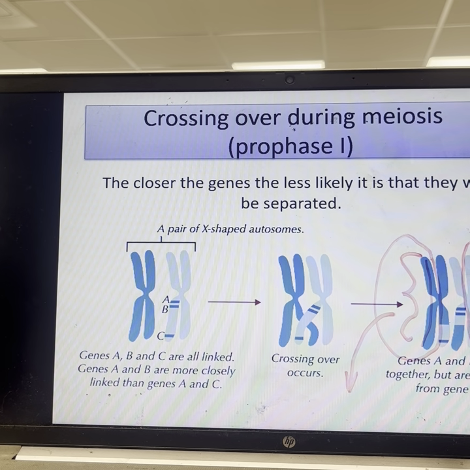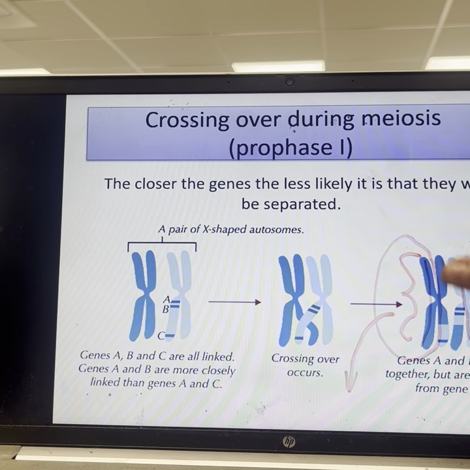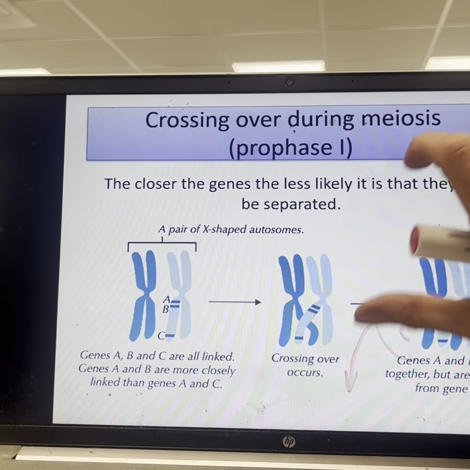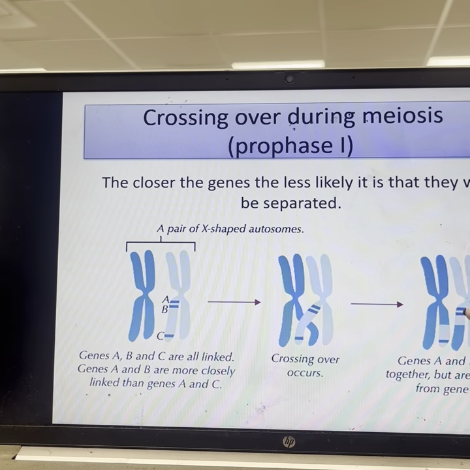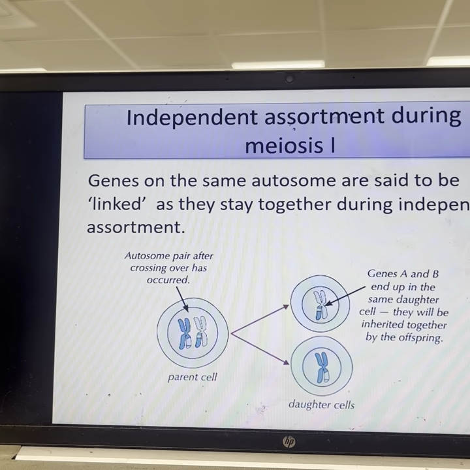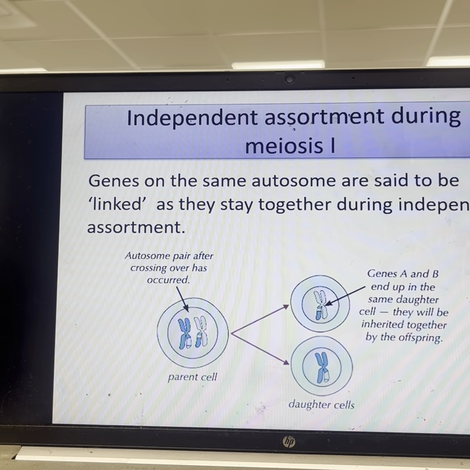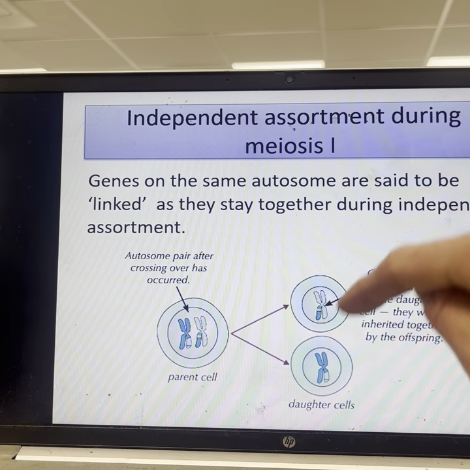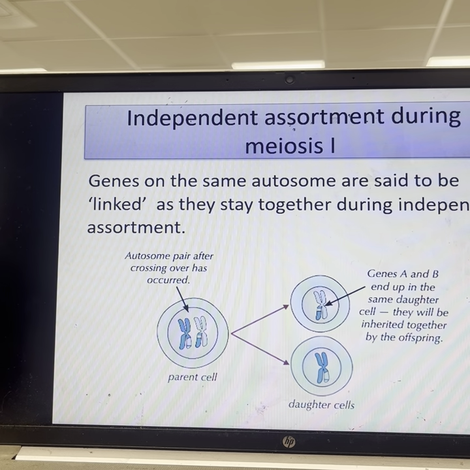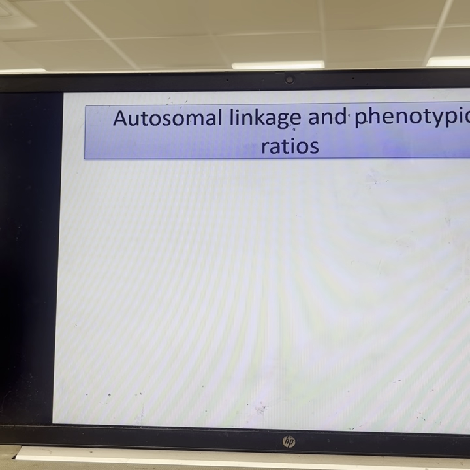If my daughter had that possible outcome from the egg, this is obviously before mixing with the dad's DNA, that would have come straight from my mother, no change to it. These ones in the middle, these are our recombinants, where you've got a bit of your dad's side and a bit of your mum's side swapping over. So this one and this one are recombinants. We then get independent assortment when they line up and it is totally random which chromosomes get pulled to which ends. And that's just reminding you of that there.